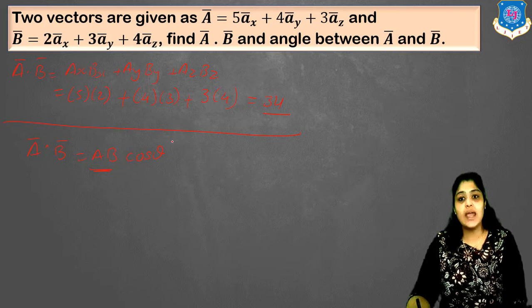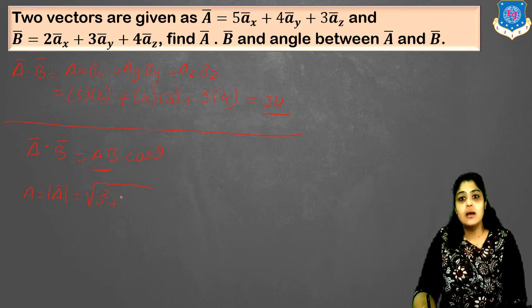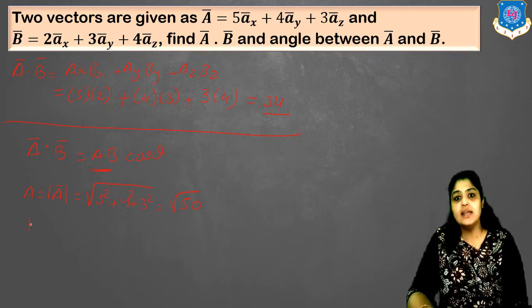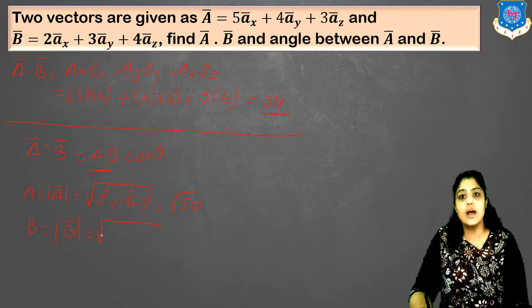I will write A equals mode of A bar, that is 5 square plus 4 square plus 3 square, which gives me the answer as under root of 50. Similarly, B equals mode of B bar, that is 2 square plus 3 square plus 4 square, which gives me the answer as 29.